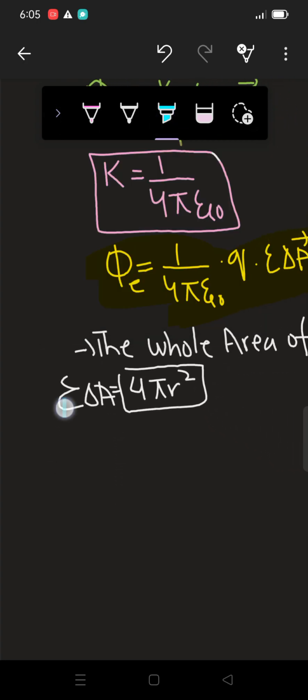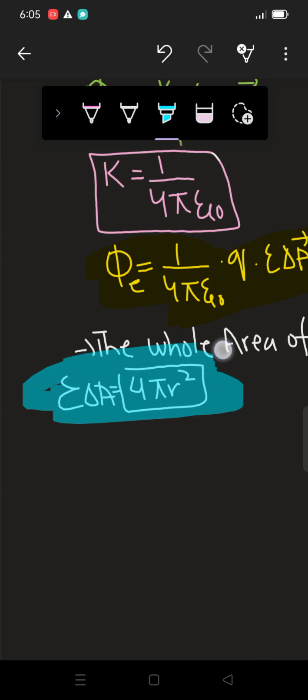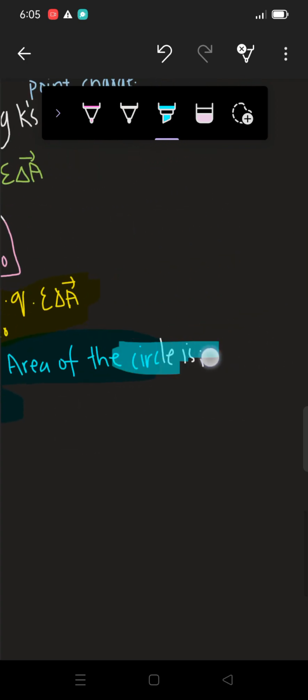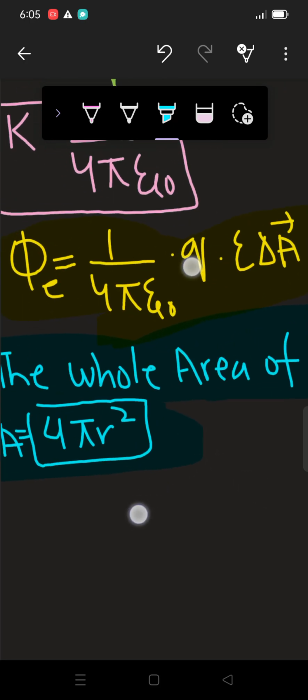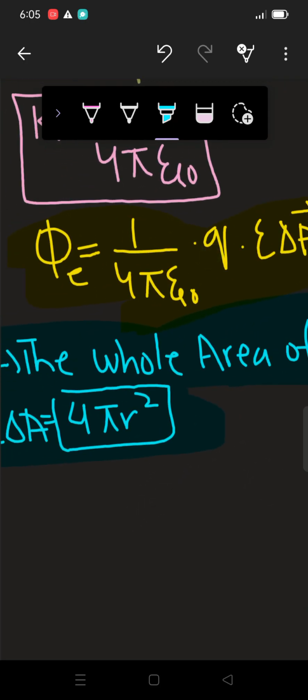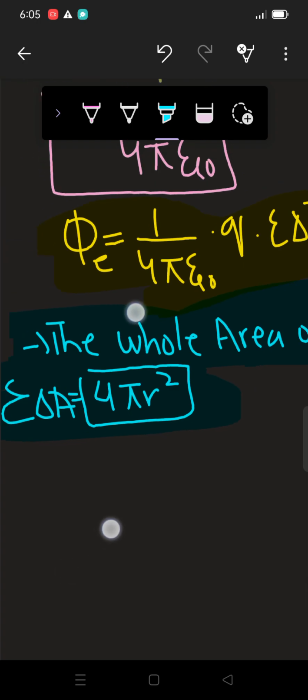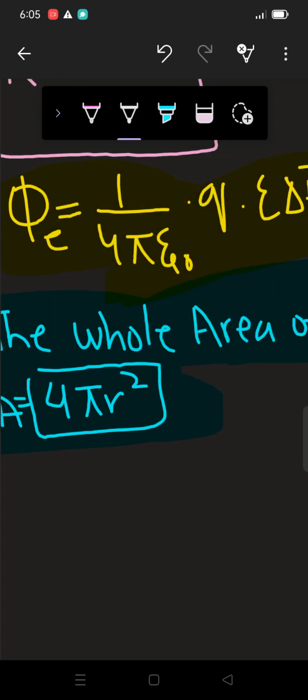Wait, let me highlight this as well. This is a very important point in terms of MCQs. They can ask what the area is, and you can say 4 pi r square. So this is very important in terms of MCQs.